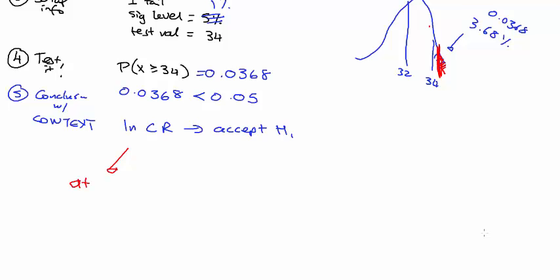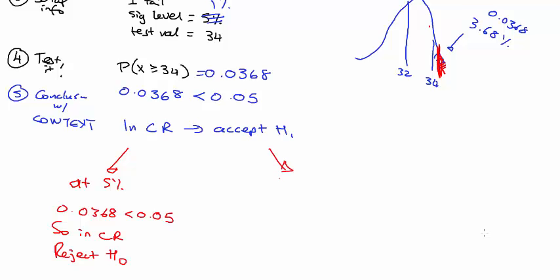At 5%, you would say 0.0368 is less than 0.05, so in critical region, reject H0, and then you say sufficient evidence. But at 1%, it's not. You'd have to say 0.0368 is greater than 0.01, so not in critical region, you would accept H0.